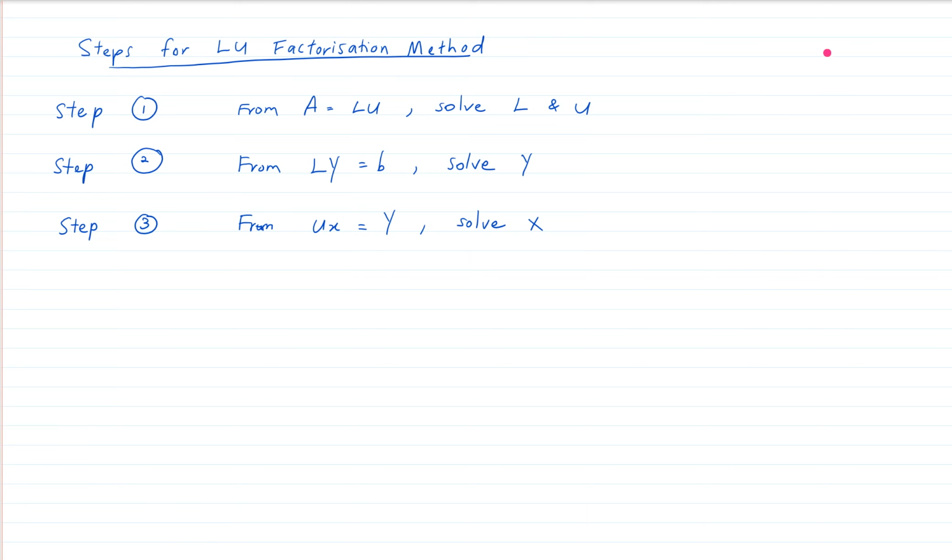Now based on these steps, we will look into the Thomas method. Let's take a look at an example. For the Thomas method, you can refer to page 45 in your textbook.